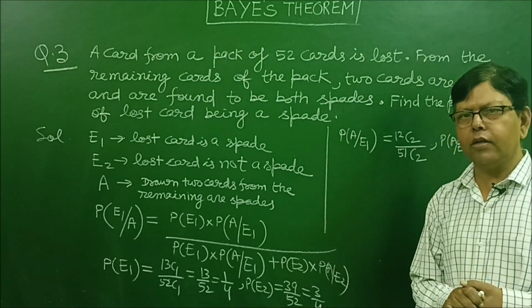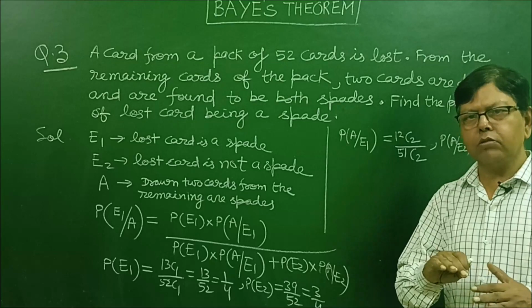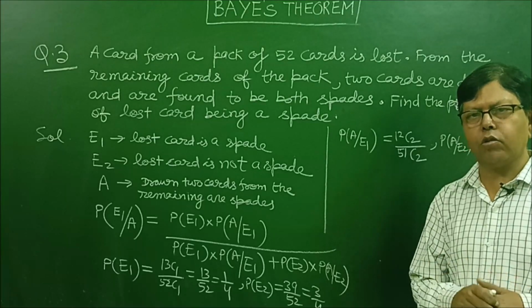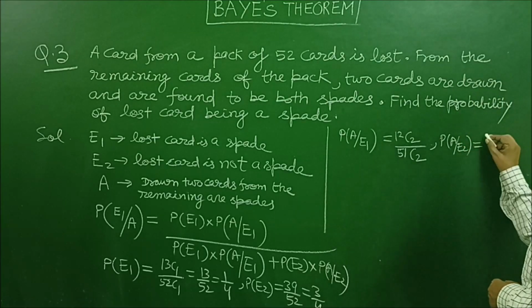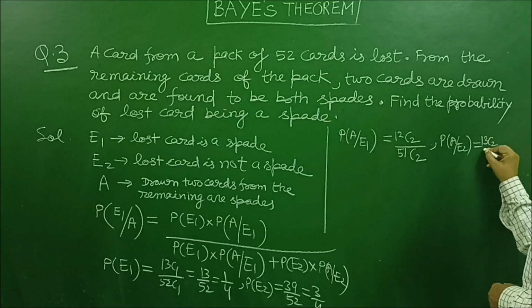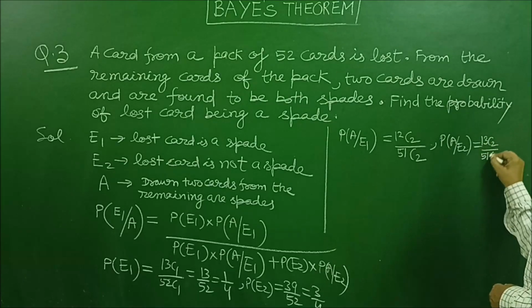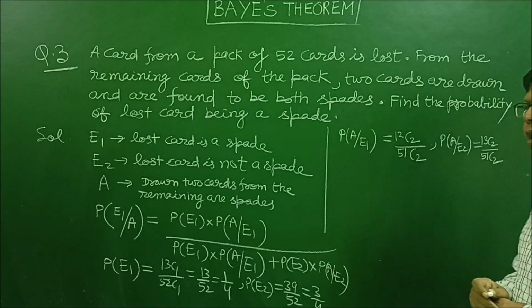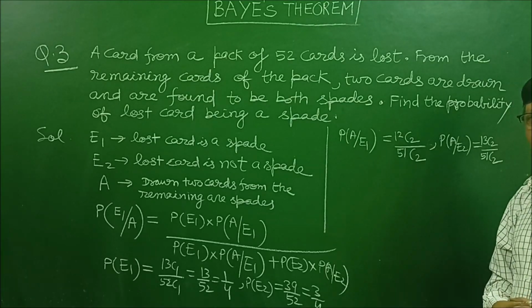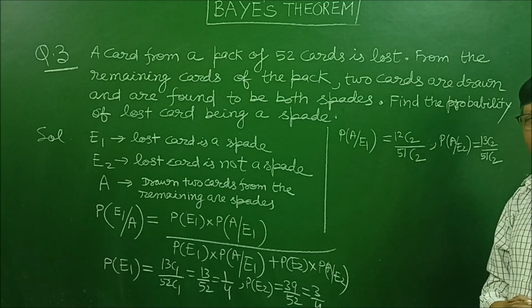Now all 13 cards of a spade are intact. So out of 13 you need to select any two, and out of 51 you need to select any two, because one non-spade card has been lost, so the remaining cards will be 51.